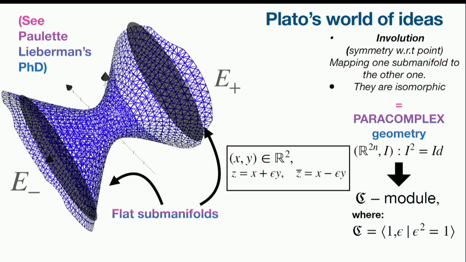You can call it as you want, but the point is that we have an involution, a symmetry, which maps one submanifold here to another one. I drew it here in gray, E plus and E minus. So that's the involution. I squared has to be the identity, and we're working in a 2n dimensional space.